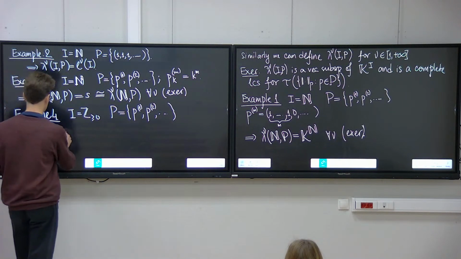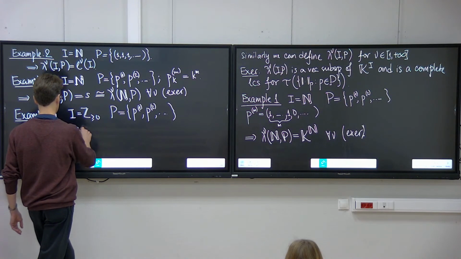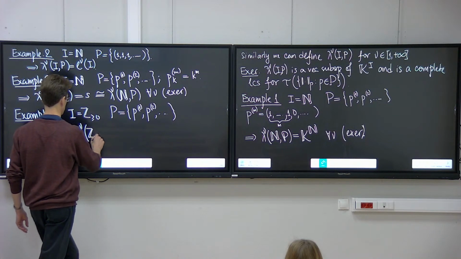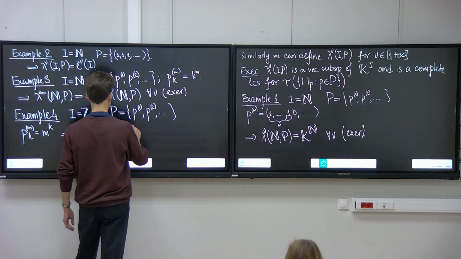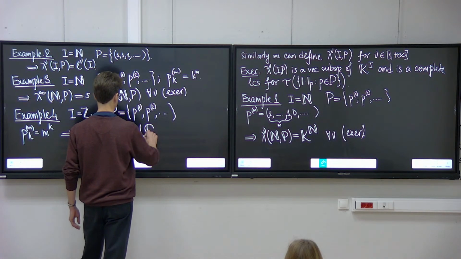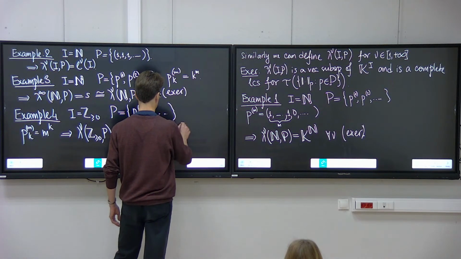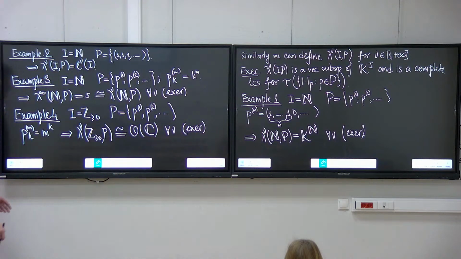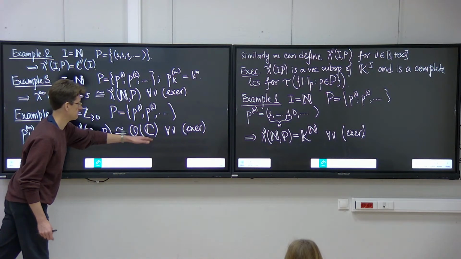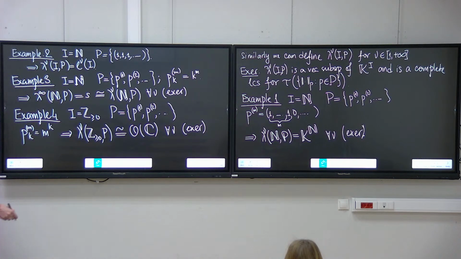So what is the difference? Well, I claim, this is also a simple exercise, that the respective Curtis space lambda nu of I, P is isomorphic to the space of holomorphic functions on the complex plane for every nu. This is also an exercise. And the isomorphism is quite explicit. It takes every holomorphic function on the complex plane to the sequence of its Taylor coefficients at 0.